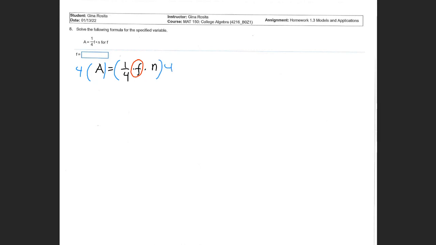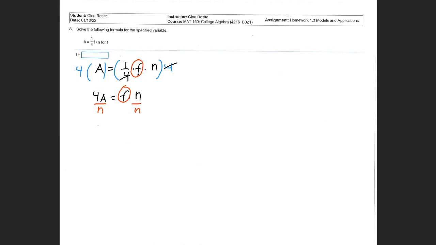Okay, so no fractions, right? So now 4 times A becomes 4A equals, cancel, right? So the answer becomes F times N. Our goal is to find F, so you have to divide by N. You divide by N.